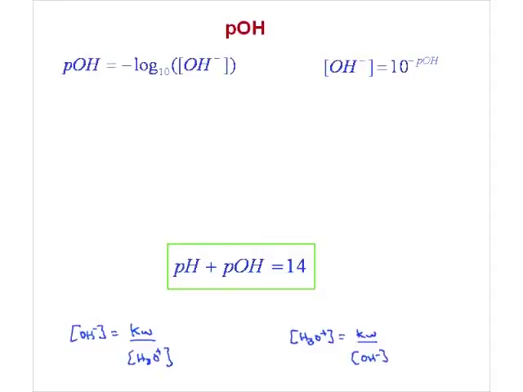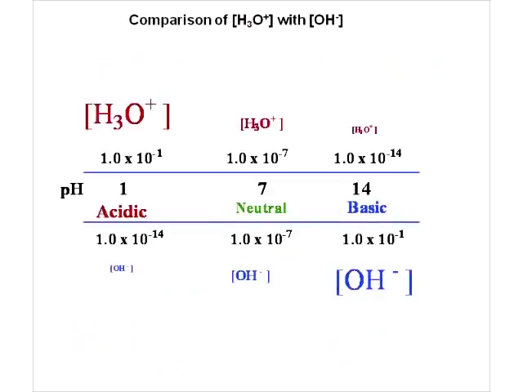Well, if we can express things in terms of a pH, let's go back. pH is the log of this number, hence 1. pH, log of this number, 7. pH, log of this number is 14. So that's expressing the acidity in terms of pH, or hydronium. We could also turn this around now and express the acidity in terms of OH.